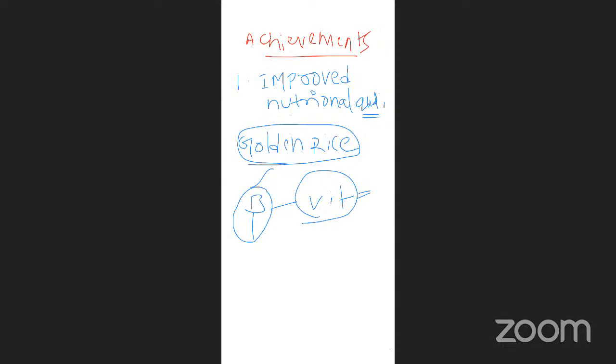To overcome this problem, golden rice was produced through transgenic techniques. Is it useful to us or not? Useful only, sir.